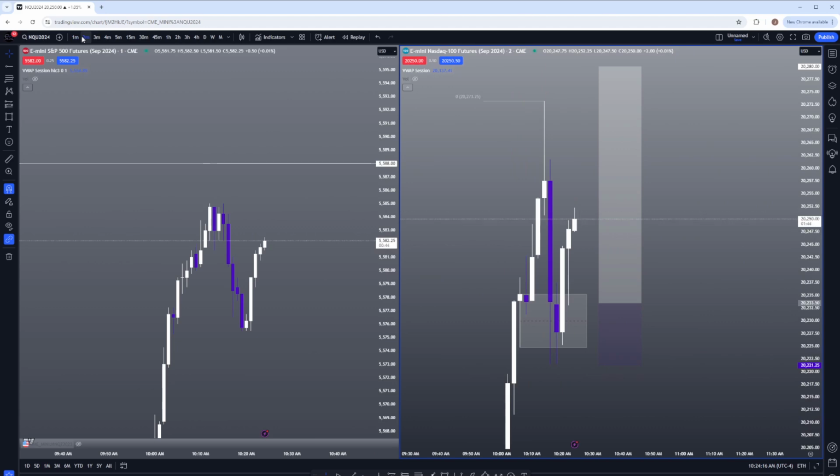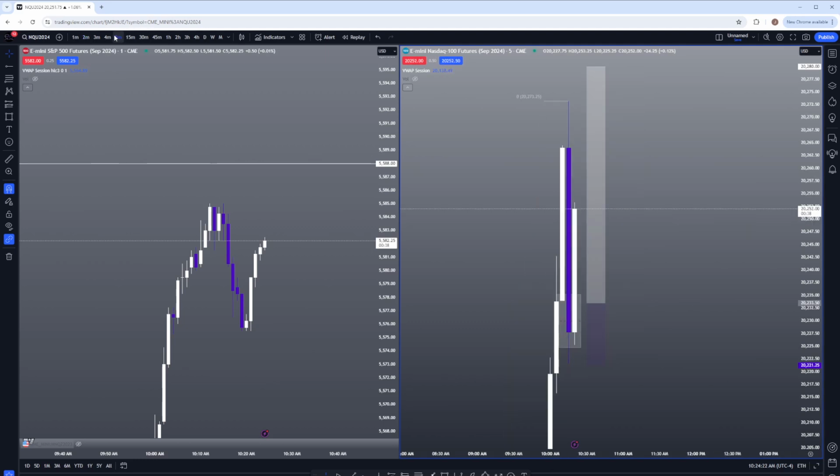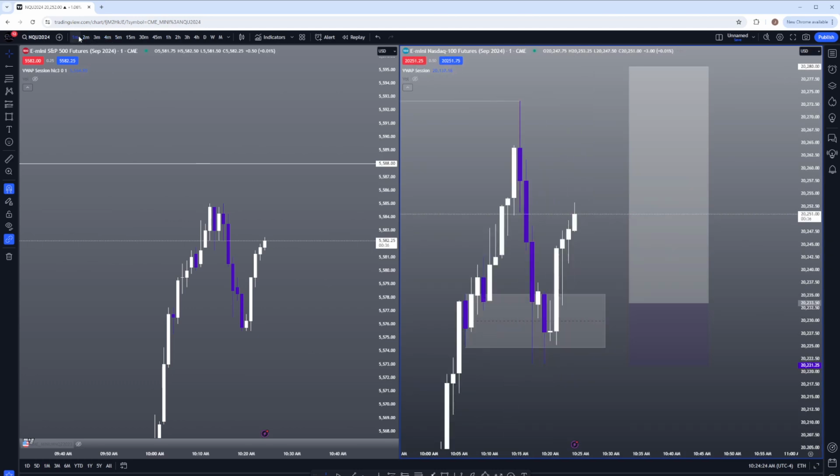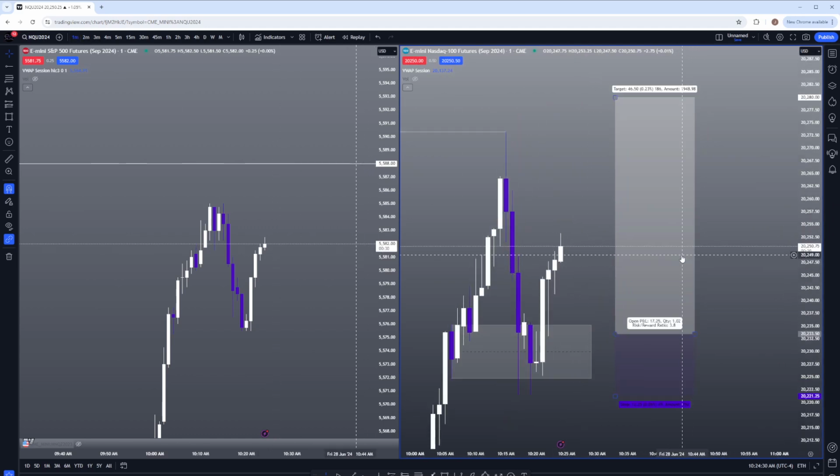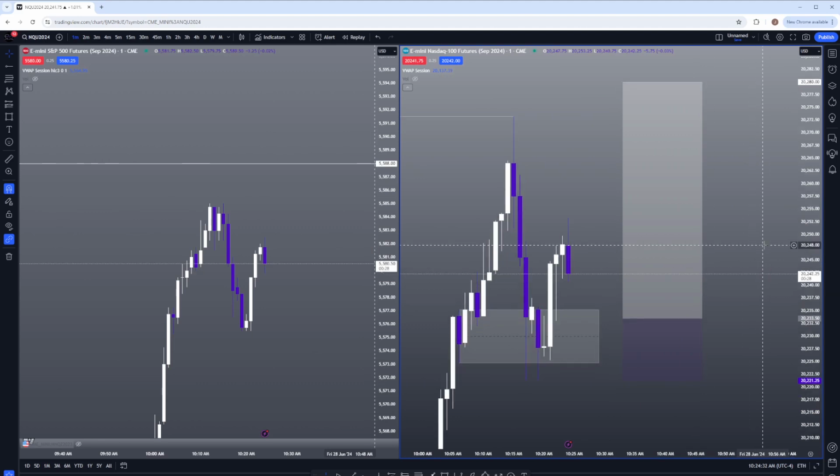Okay, so we're looking very bullish here. Very, very bullish. It looks like we're going to push right back. Just still haven't really found an entry I really want to take. No, I'm not in right now. I just haven't found an entry I really want to take.